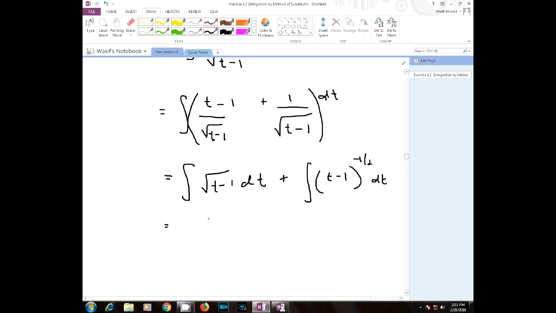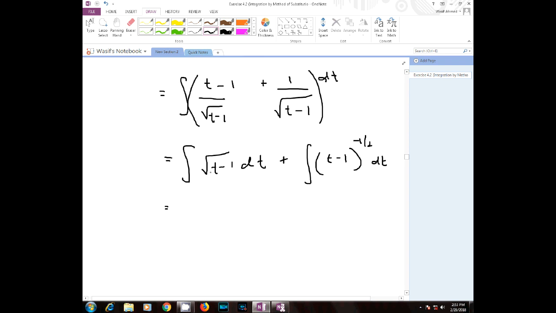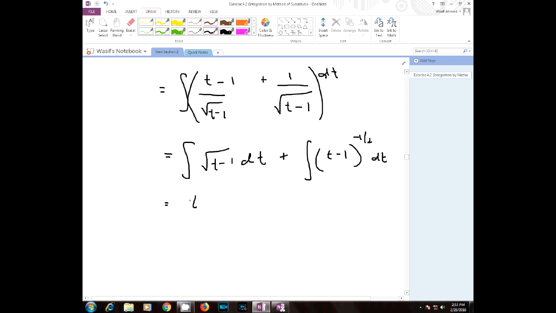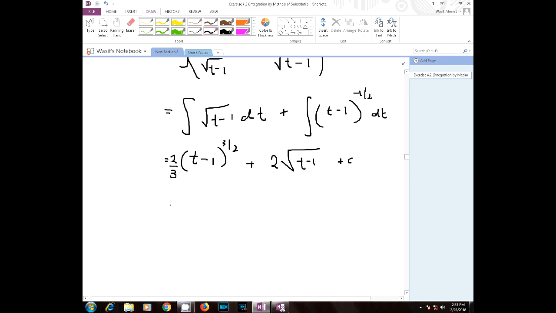Apply the power rule because the derivative of t minus 1 is 1, that is given in front. According to that rule, t minus 1 whole raised to the power 3 by 2 divided by 3 by 2, that is 2 by 3 in the numerator, plus square root t minus 1 divided by 1 by 2, that is 2 square root t minus 1, plus constant of integration.